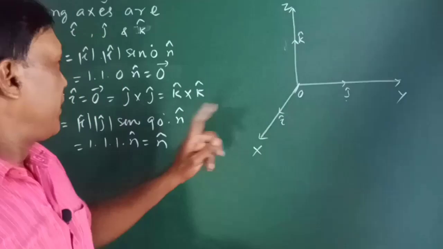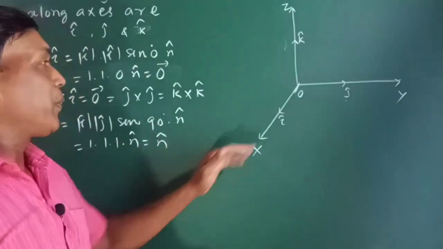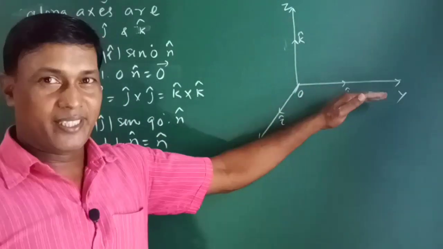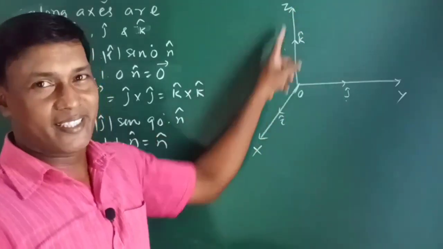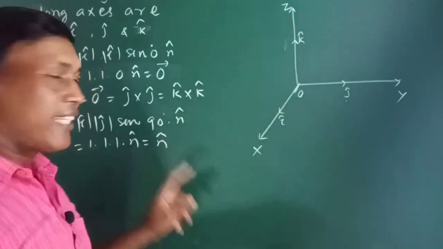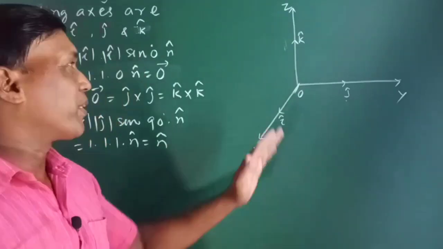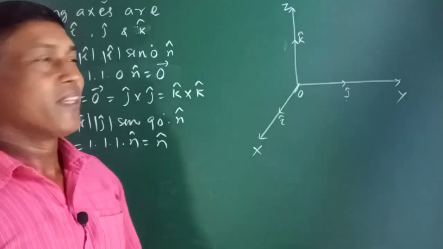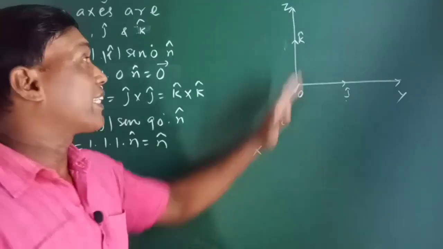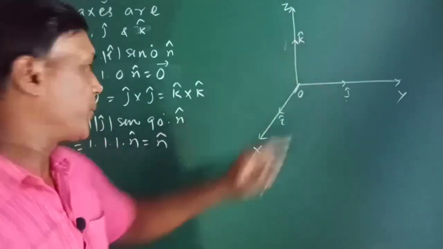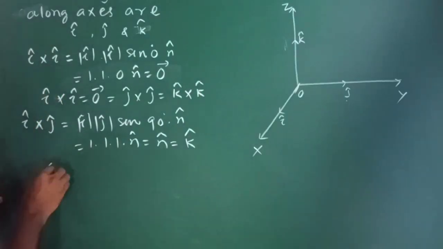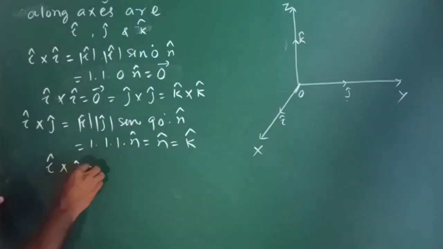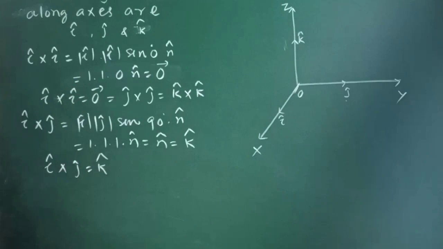So if n cap is perpendicular to both x axis and y axis, then n cap must be in the direction of the z axis. So n cap is a unity vector in the direction of the z axis. The unity vector along the z axis is k cap. So, dear students, i cap cross j cap is k cap.